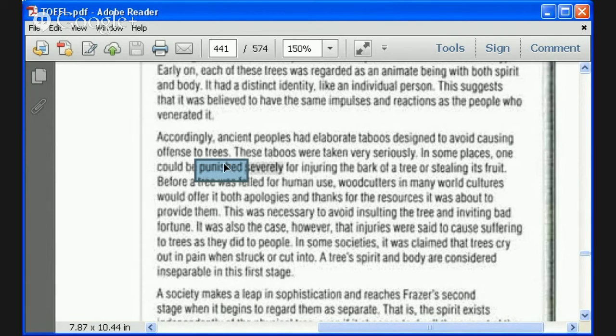Can I punish cruelly for injuring the bark? All right, first of all, I'd try simply substituting them all. Then if I'm still confused, another technique, really the last step, is to think about what if you had a different verb or a different object.